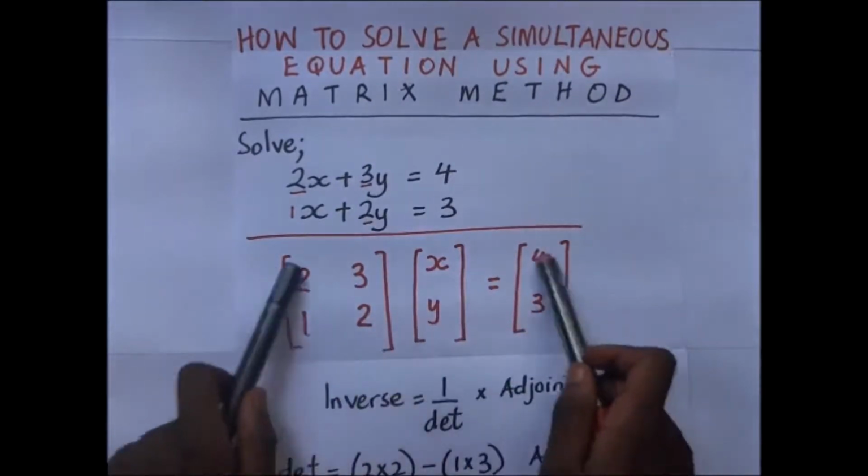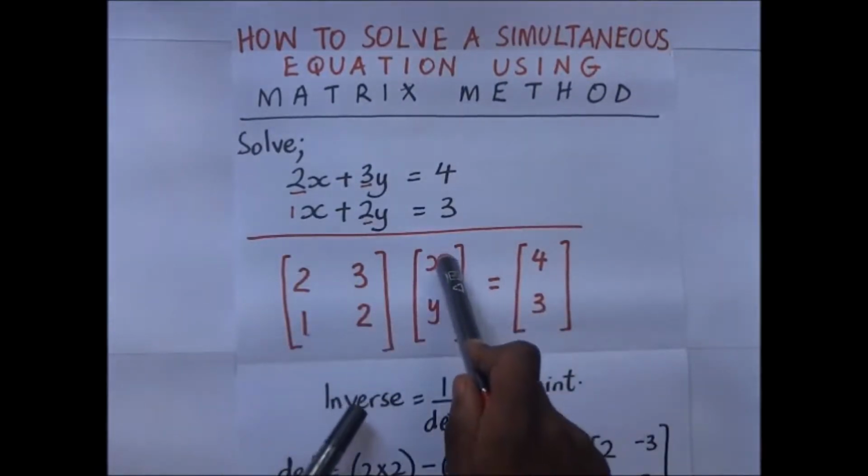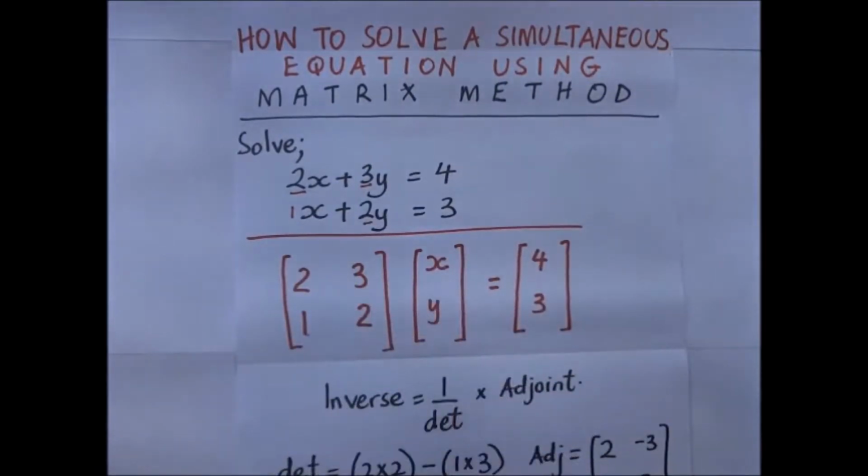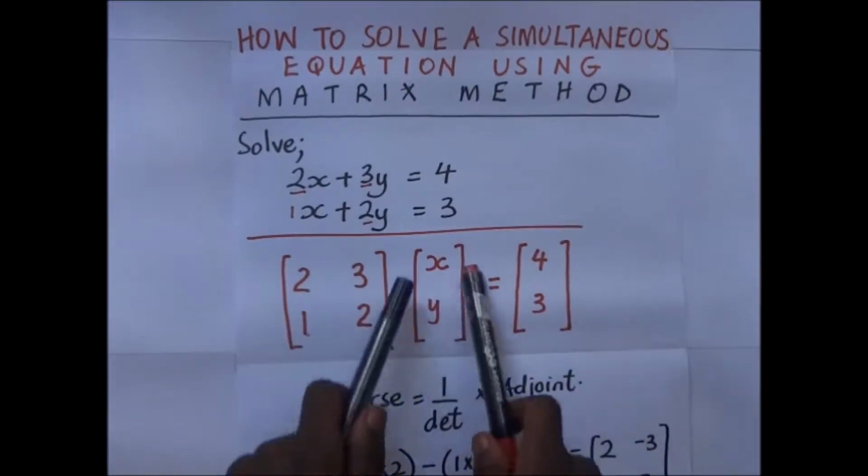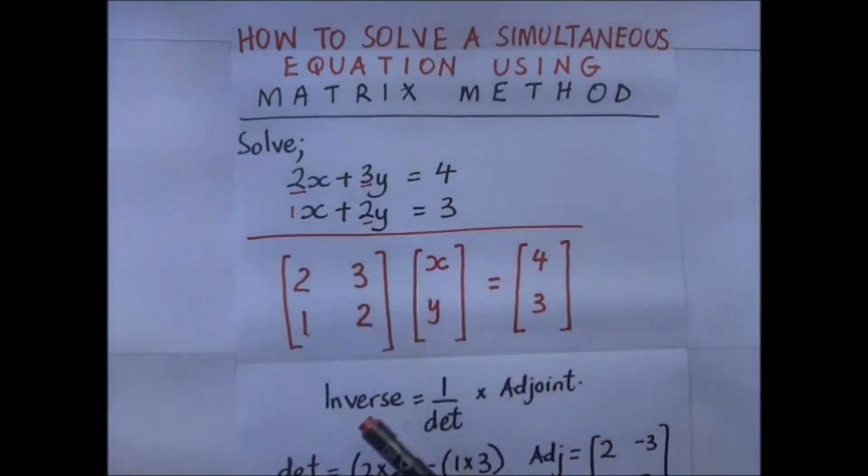So now we are going to deal with this to find the values of x and y. For us to be able to find the values of x and y, we need to eliminate this matrix from this side so that we remain only with the unknowns here. To eliminate this matrix, we are supposed to multiply it by its inverse.